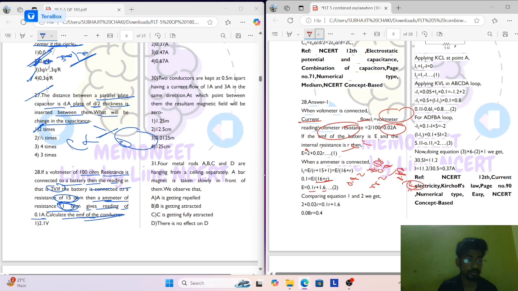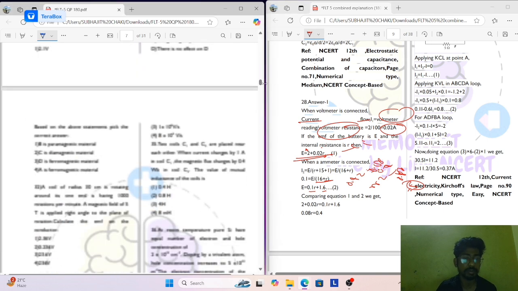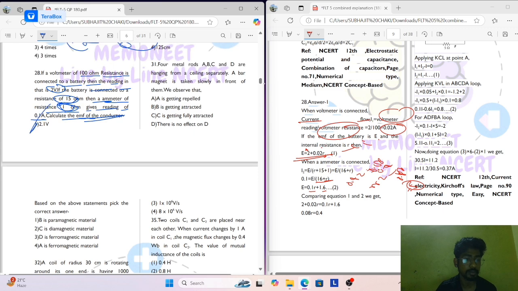So r is 5. Put this value here: 5 into 0.02 means 0.1, so the answer will be equal to 2.1. Therefore option number 1 will be the correct option here.